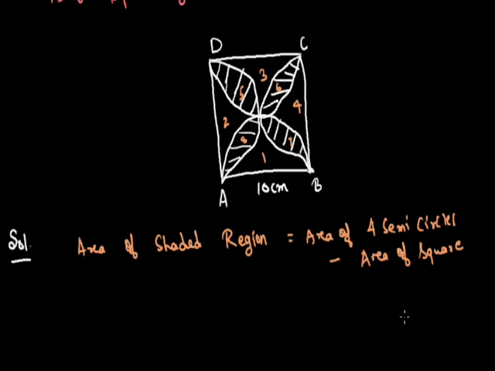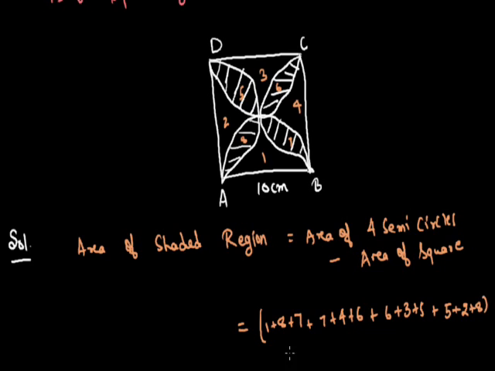Now the area of 4 semicircles will be equal to first semicircle 1 plus 8 plus 7, second semicircle 7 plus 4 plus 6, third semicircle 6 plus 3 plus 5, and fourth semicircle 5 plus 2 plus 8.